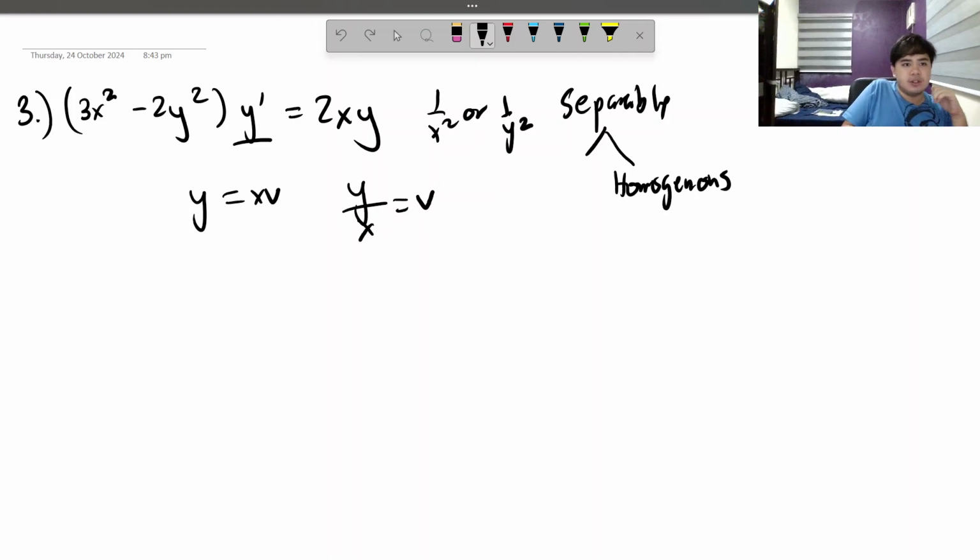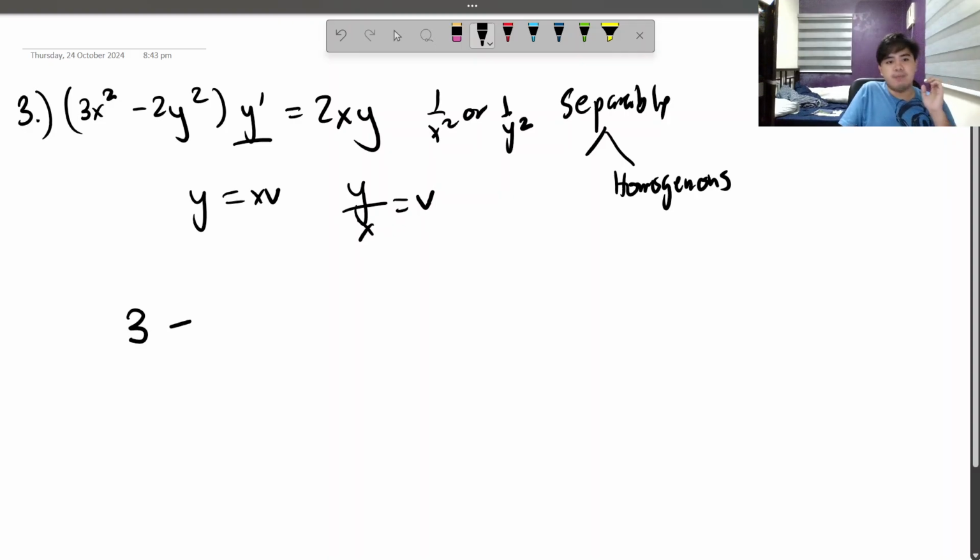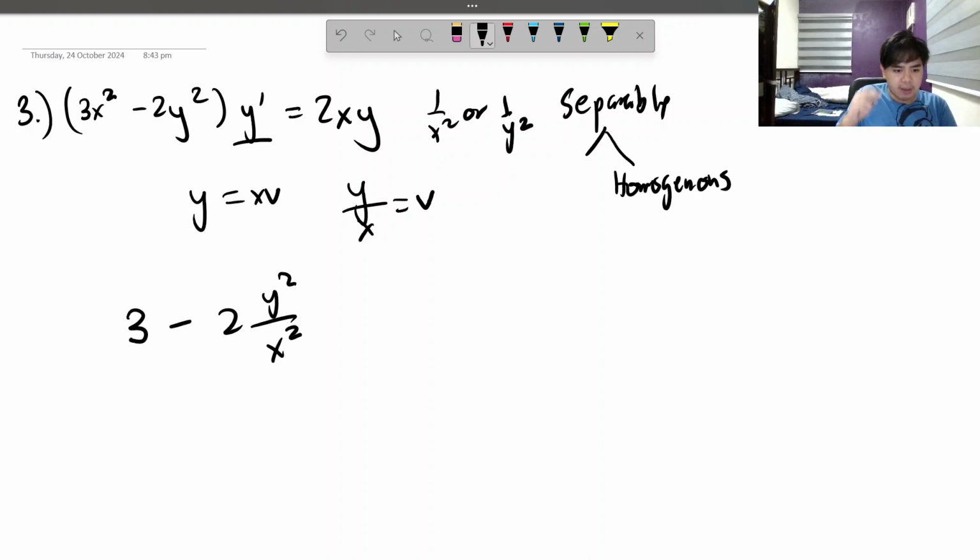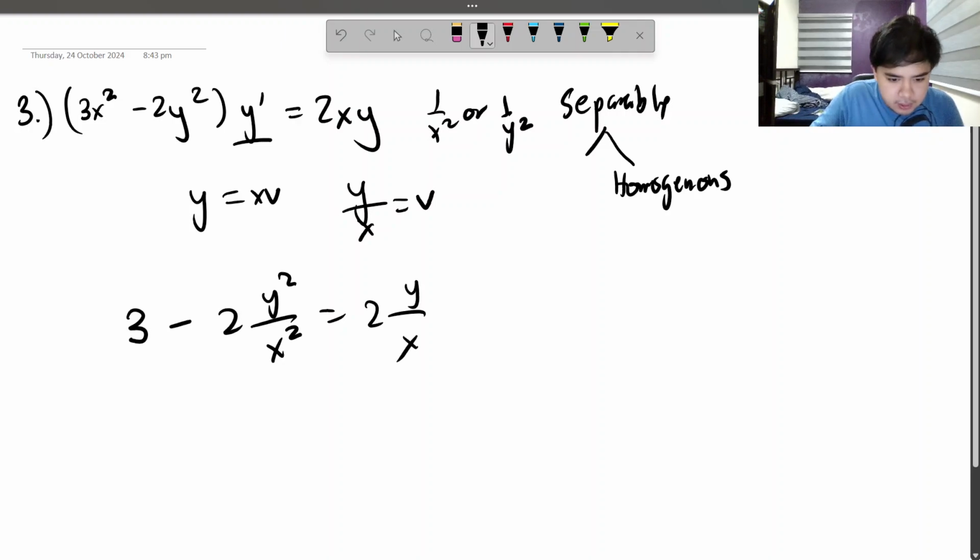Watch this. 3x squared times 1 over x squared becomes 3. Minus 2y squared times 1 over x squared becomes 2 times y squared over x squared. This is of the form y over x, but both the numerator and the denominator are squared. And then 2xy times 1 over x squared, we cancel one of the x's, we get 2y over x.